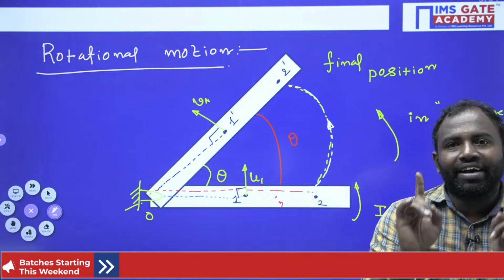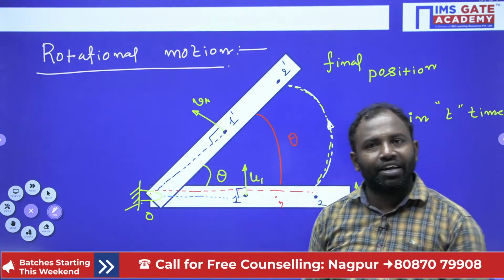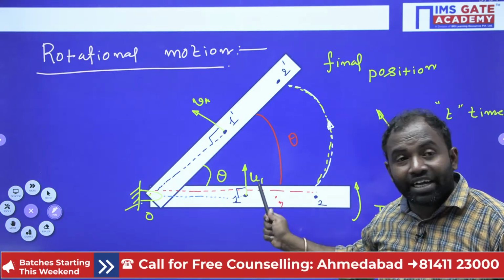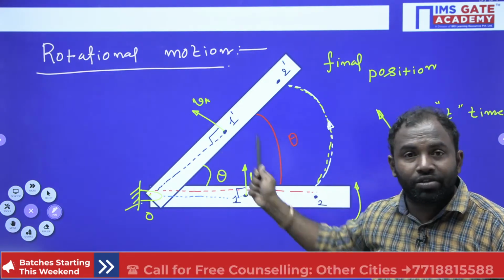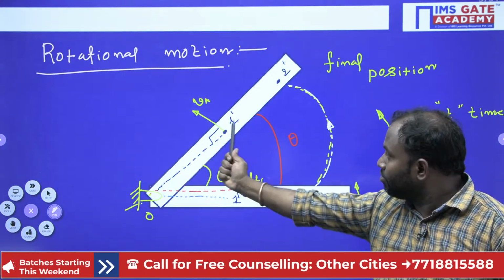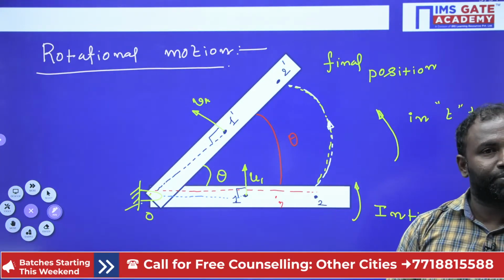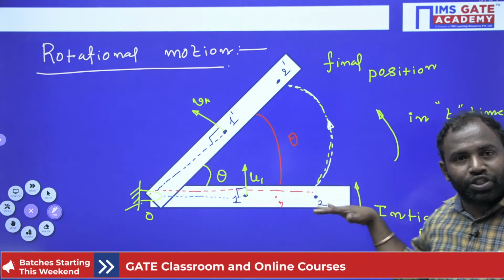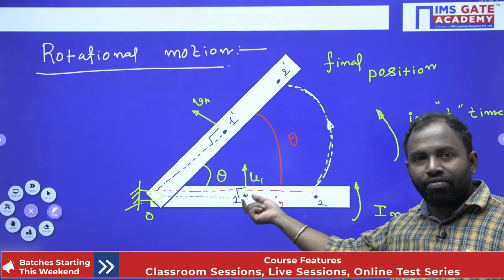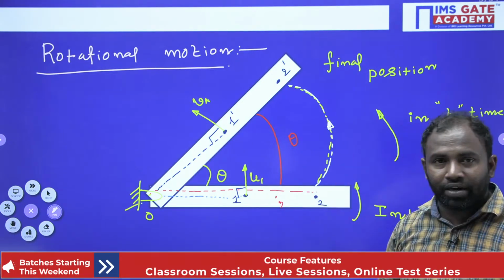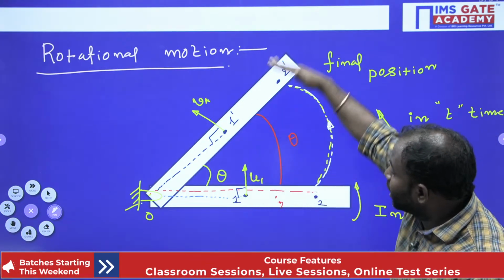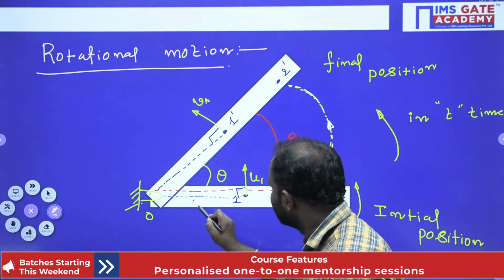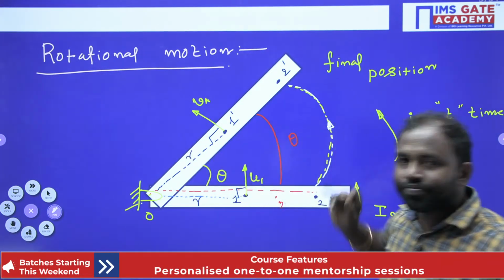If you observe very clearly, the magnitude and direction of velocity are going to change. The initial position is different, the final position is different. Initially the velocity of particle 1 is u1, perpendicular to the radial distance. This is r and this is also r.